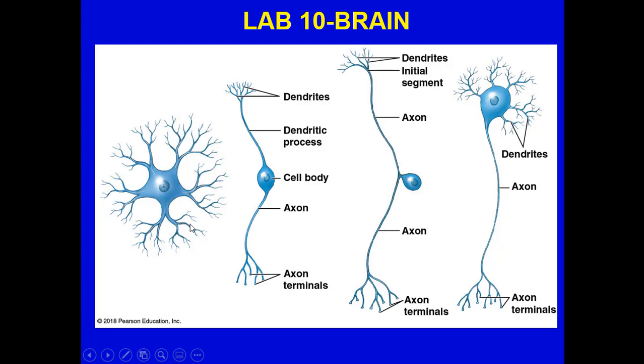Here is anaxonic. As you can see, lots of dendrites, but no clear start point for an axon. Here is the unipolar. As you can see, really what's going on is you've got this extension on this side and an extension on this side. The bipolar is interesting also because it's similar.